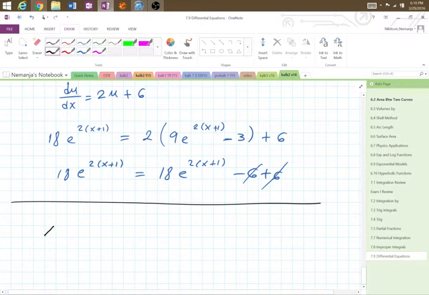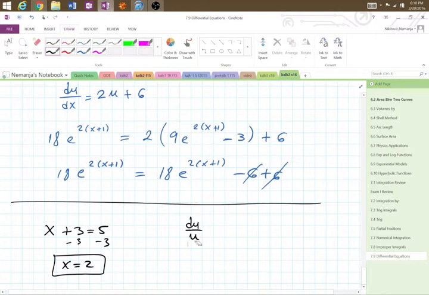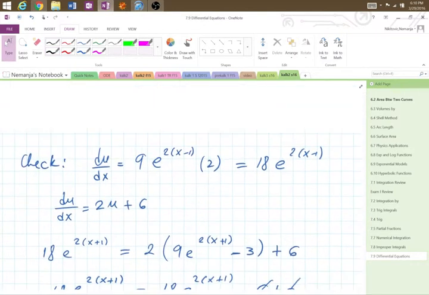If you have an equation x plus 3 equals 5, we subtract 3 because that's the opposite operation, and we get x equals 2. The solution is a number. For the differential equation we had, du over dx is equal to 2u plus 6, the answer had u of x is equal to 7e to the 2x minus 1, minus 3. Is that the solution?